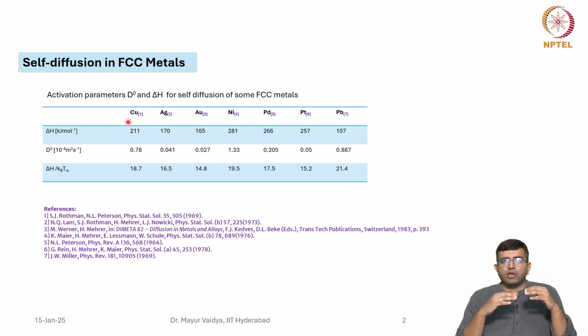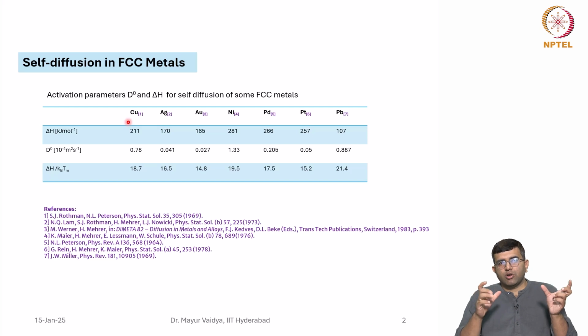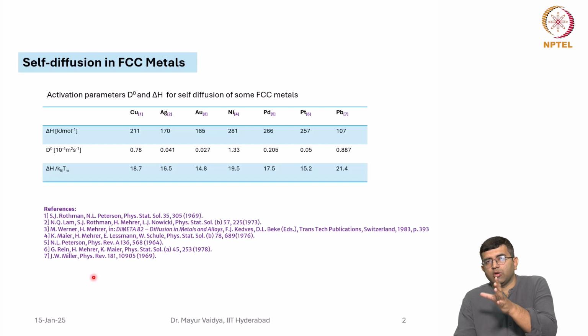That is why in the diffusion literature you will see that comparisons are always made on the homologous temperature scale. So, we talk about this delta H by kBTm, or we talk about the diffusivities at the melting point, when we are comparing various elements or elements which have the same structure, or sometimes FCC, BCC and so on.